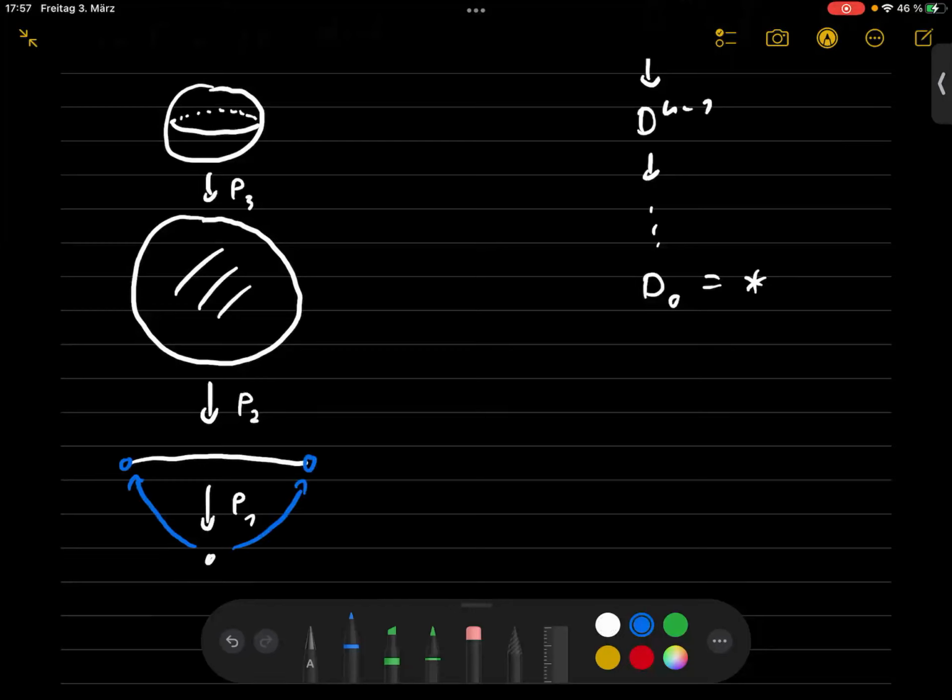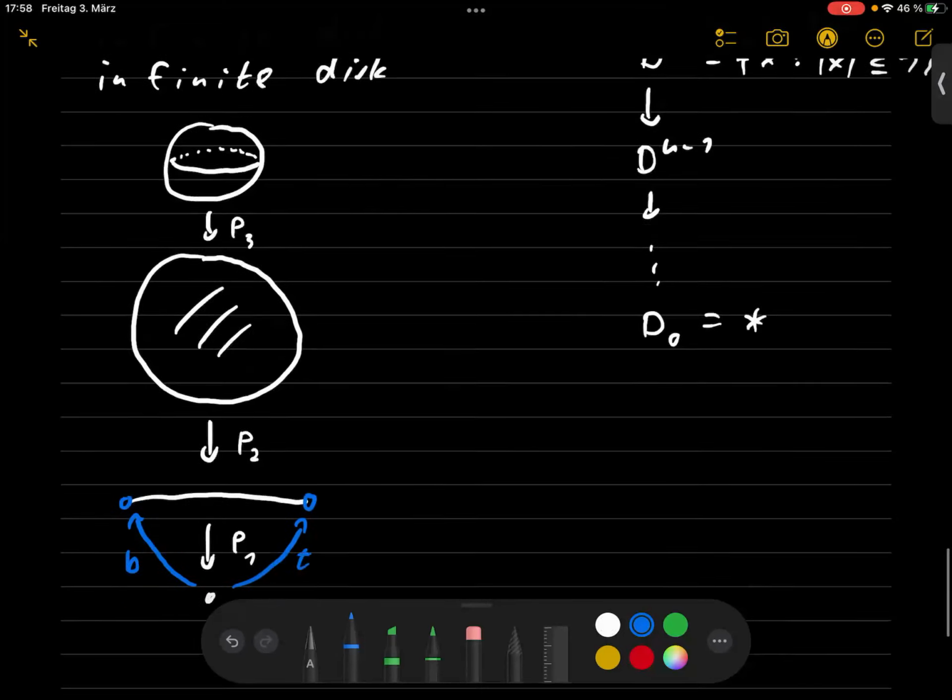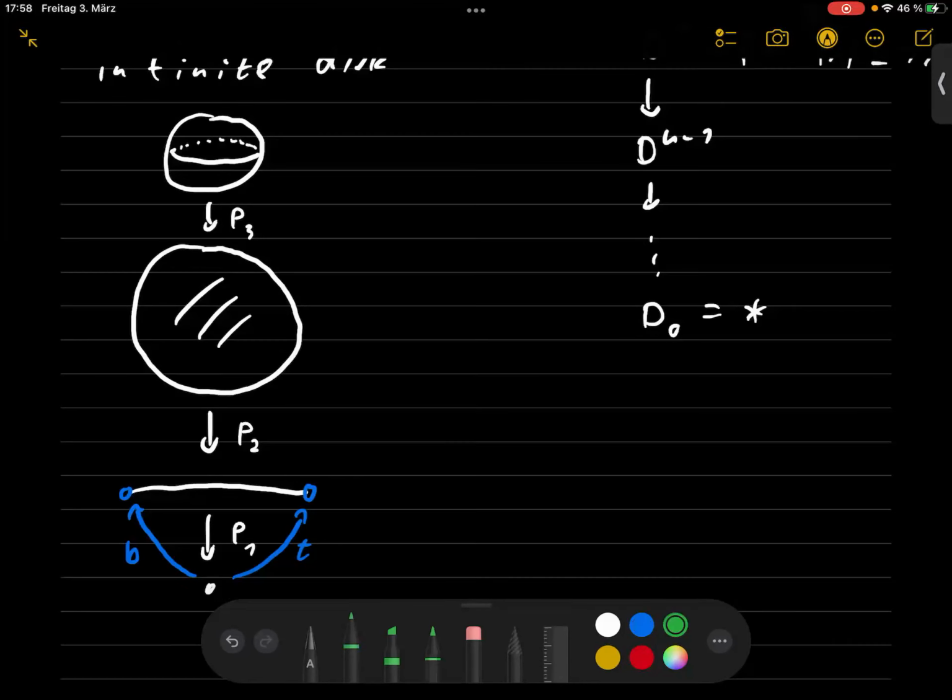If we order them like this, this would be the bottom, and here we have the top. The same we can do with the next part. We can embed this here, or we can embed it here, and this would also be the bottom and top map of the interval.